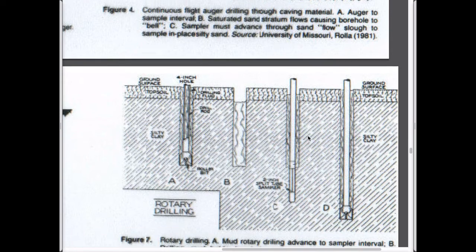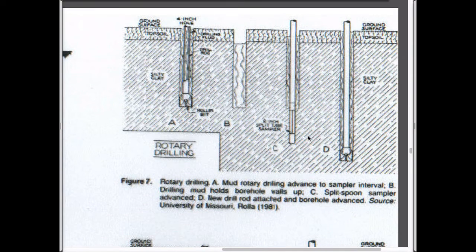Likewise, with augering and rotary drilling, those are the two end spectrums, soil and rock. In between these, tricone drilling or rotary drilling is something that will go through soils and rocks. But basically the same idea. You're driving down through here. You typically fill the hole with water, with drilling mud in it.